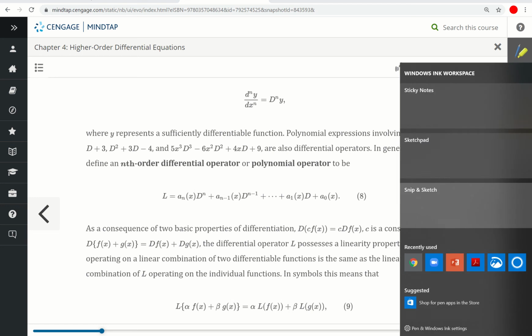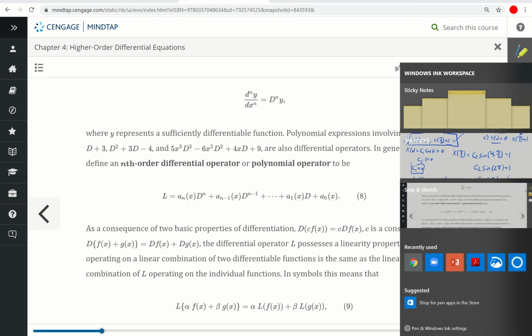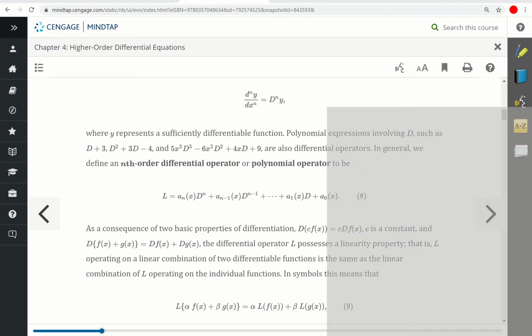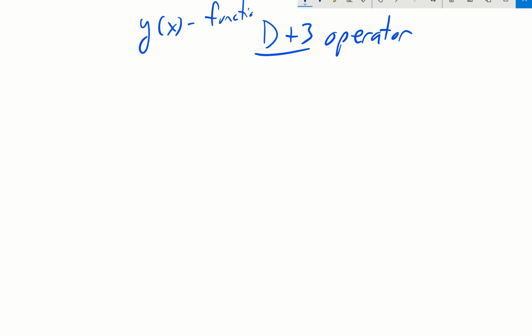And then what we're going to do is think of these operators as applying to functions. So let me focus on this one here. What does D + 3 do? Let's suppose we have a function y of x, and let's suppose that I have the polynomial differential operator D + 3. So this is an operator, the differential operator, and this is a function of y. What we can do is take the differential operator and apply it to the function.